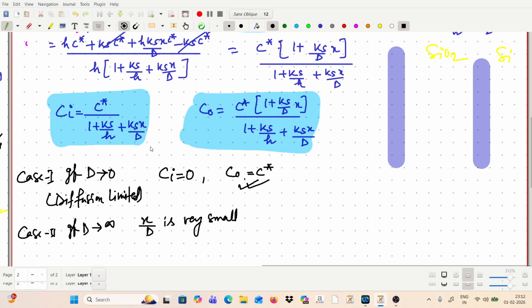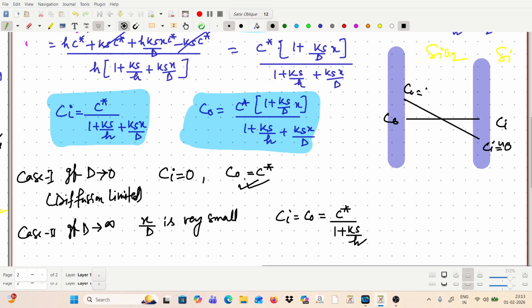Then in this case, Ci equals C naught, and it is nothing but simply C star by 1 plus Ks by H. So in one case Ci equals C naught, and in another Ci equals 0 but C naught is C star.